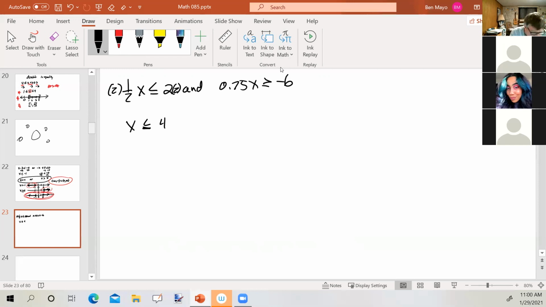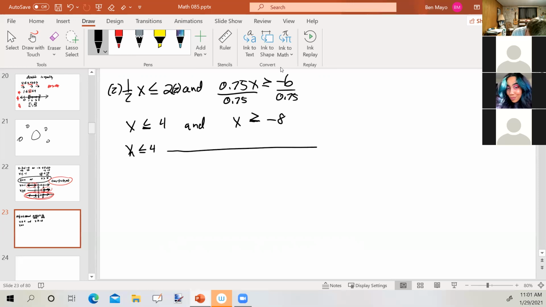The second one, I'm going to divide both sides by 0.75. And let's see, if I take -6 divided by 0.75, I get -8. All right. And this is an and situation. So we're talking intersection. So I'm going to graph each separate piece.